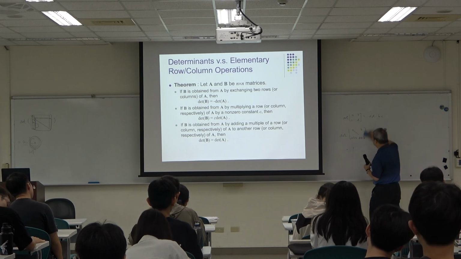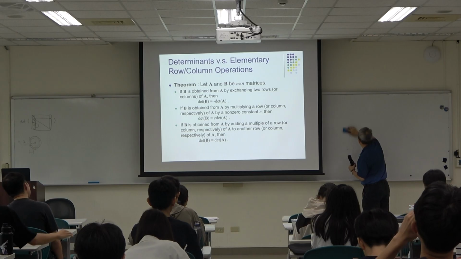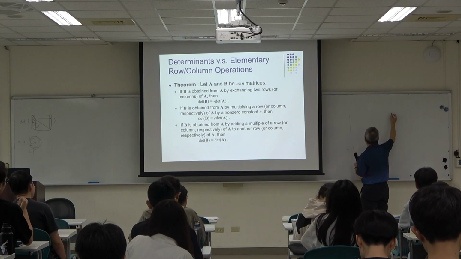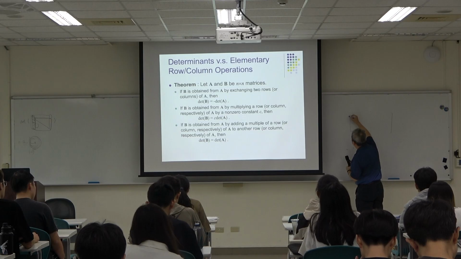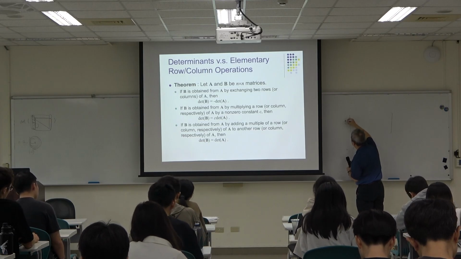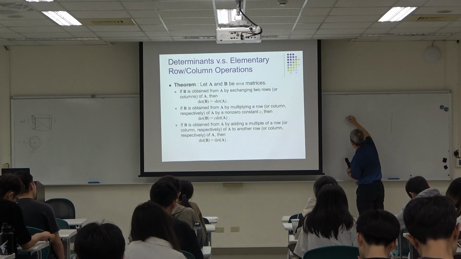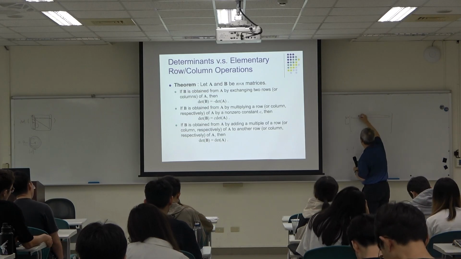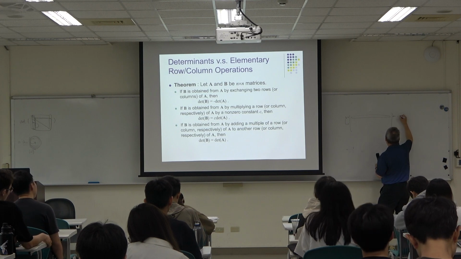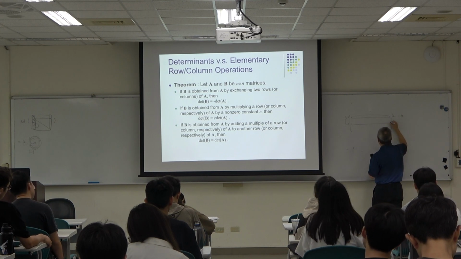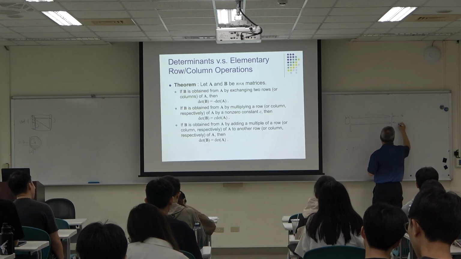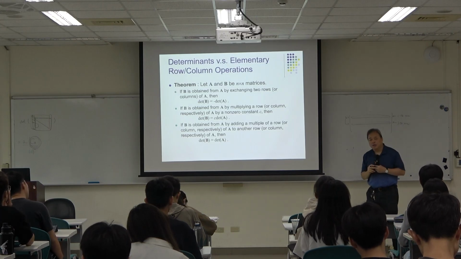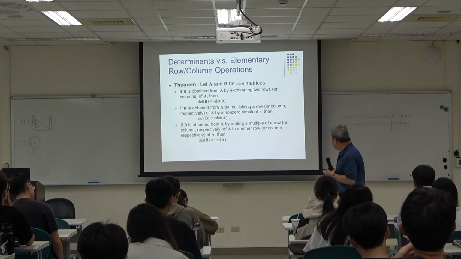Then when the size is k, you multiply row i by a constant and add it to row j.